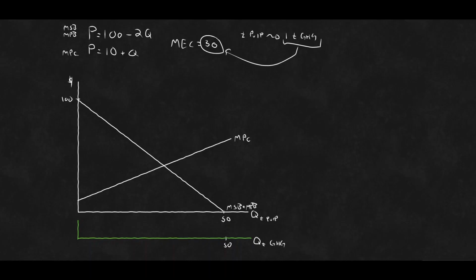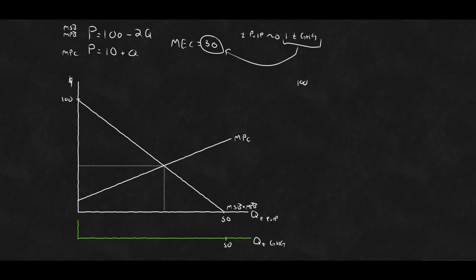Starting off at our competitive equilibrium, this is where the firm just gets to ignore the fact that they are polluting. It's not their problem. We can figure out what our competitive equilibrium price of pulp is and how much pulp we are producing. The way we do that again is just equating marginal private cost to marginal private benefit. So we just equate our two formulas.